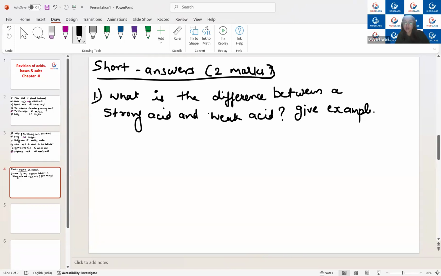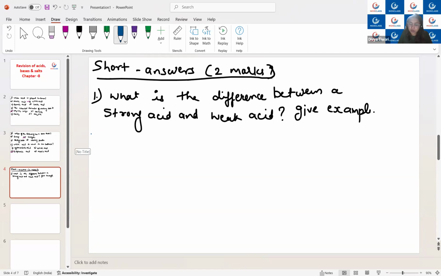Another is the pH: for strong acids it is very close to 0, whereas for weak acids it increases to around 5 or 6, before 7, because on the pH scale 7 is neutral. So the difference you can write for the question.